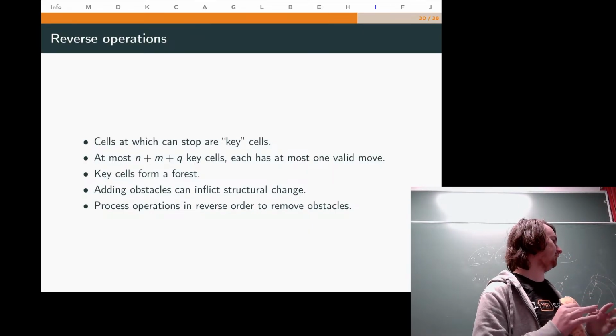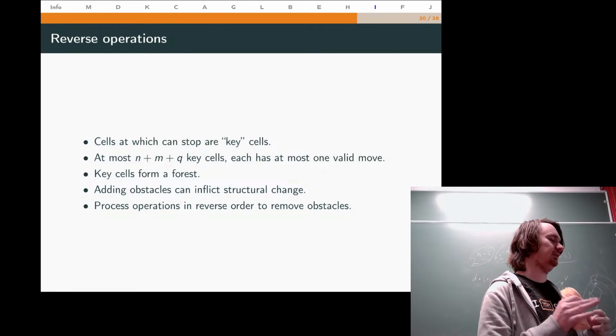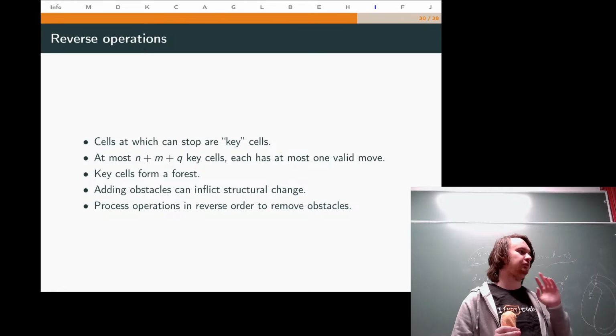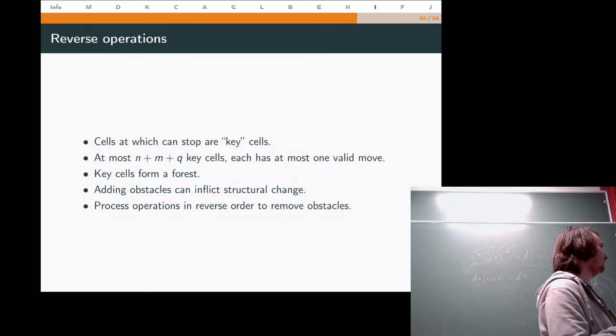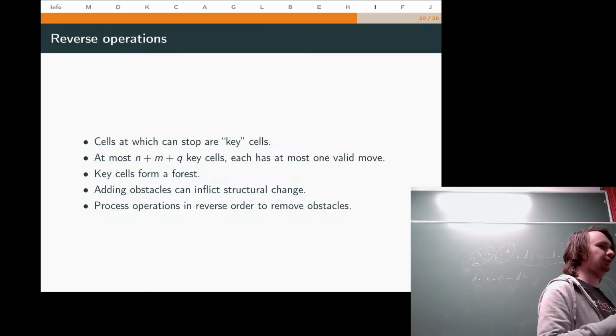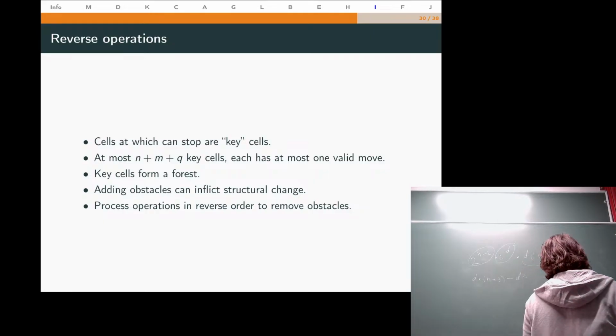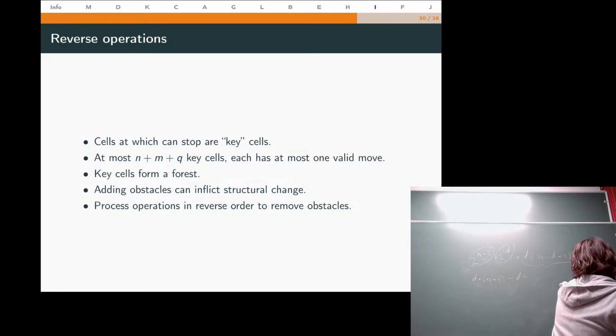So now we work with those points and we disregard everything else, and then we can notice that these points actually form a forest, because each one is about some point where we stop.